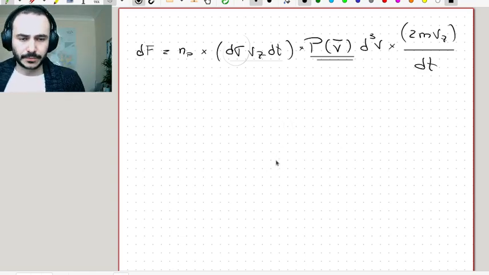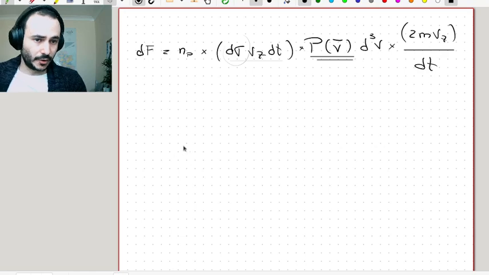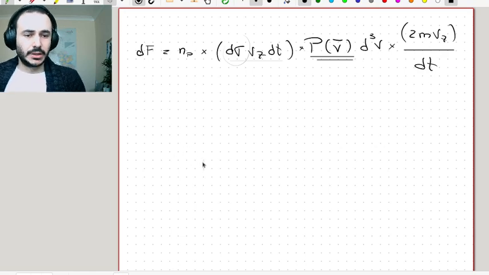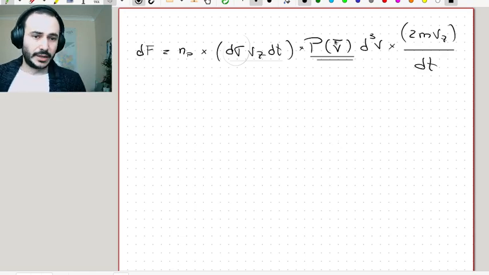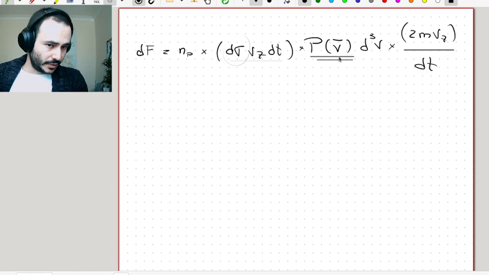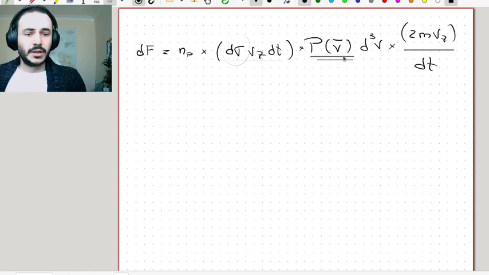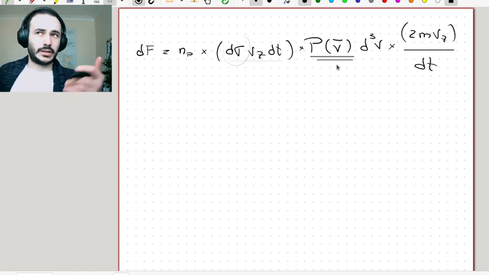So one thing that I actually didn't write is that in this formula here, I'm counting all the particles in this slanted cylinder that have velocity between v and v plus dv, but these particles have velocities that are both incoming and outgoing.